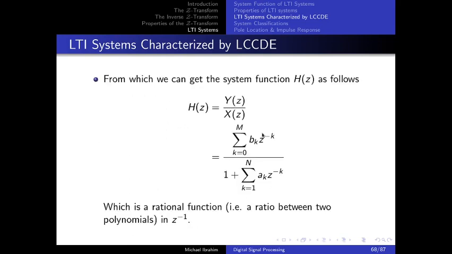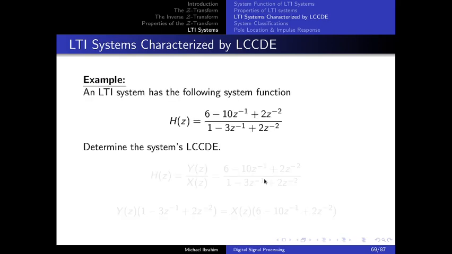Why is that? If you go back to the LCCDE we had, the general form of H of z, bk are the numerator coefficients and ak are the denominator coefficients. So now b would be 6 and minus 10 and 2, and a would be 1 and minus 3 and 2.